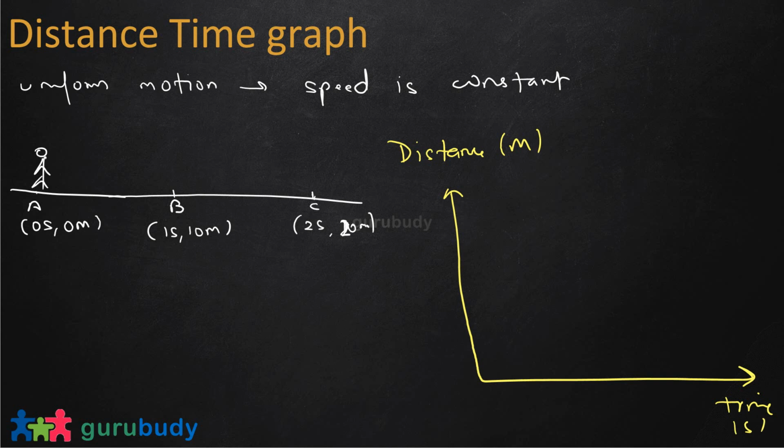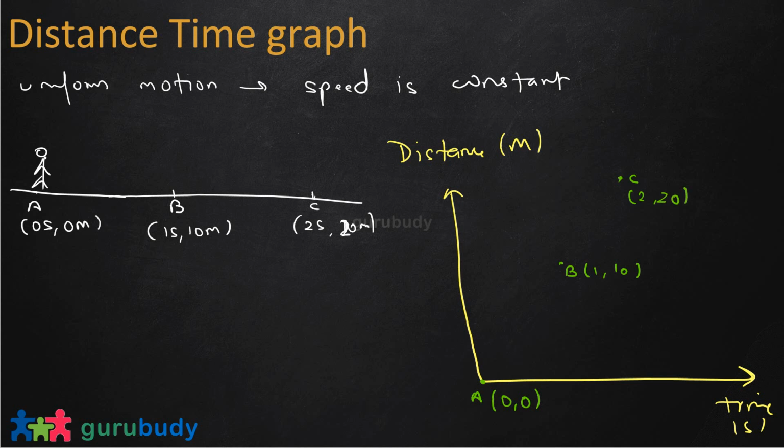The object is at point A, which is 0 seconds and 0 meter, then the object moves to point B, which is 1 second and 10 meter, and then the object moves to point C, which is 2 seconds and 20 meter.